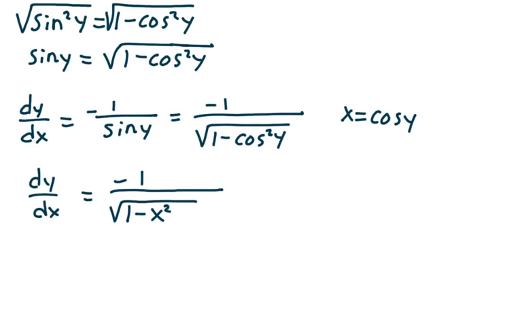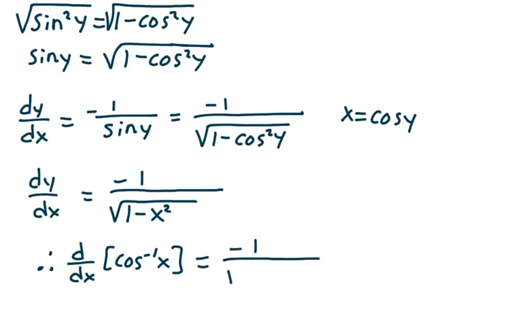And we're almost done, because we can now conclude that the derivative of arc cosine x with respect to x is negative 1 divided by the square root of 1 minus x squared. And they could pretty much be derived in this fashion. It's really pretty good.